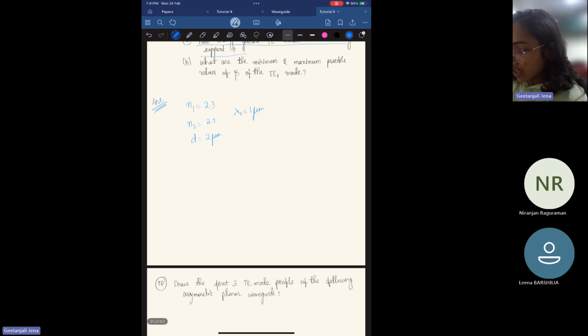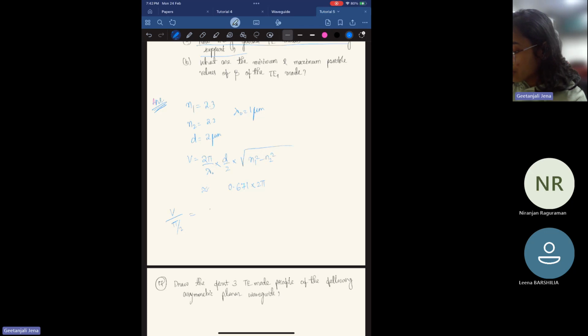You just need to calculate the V parameter. So V is nothing but 2 pi over lambda 0, d by 2, root over of n1 square minus n2 square. These are already given, so I think we get 0.671 into 2 pi. To find the number of modes, we have to divide it by pi by 2.